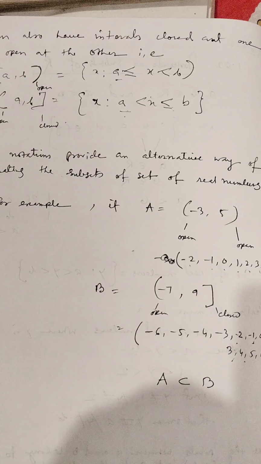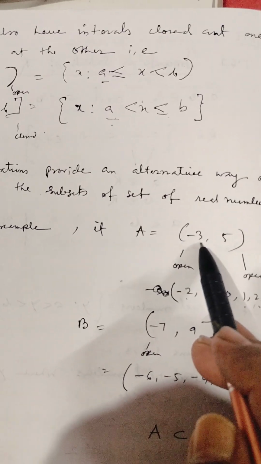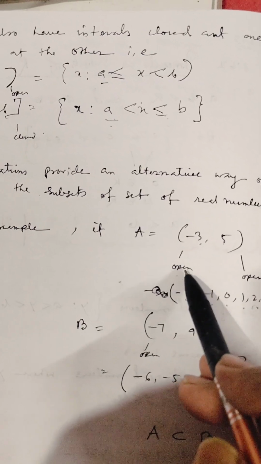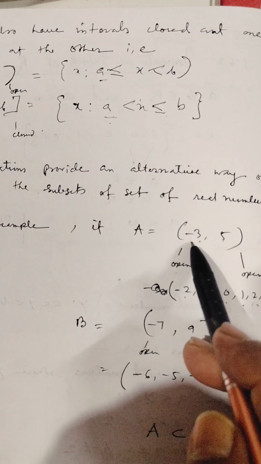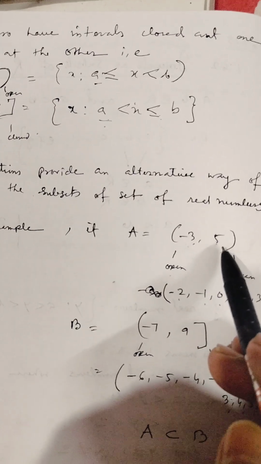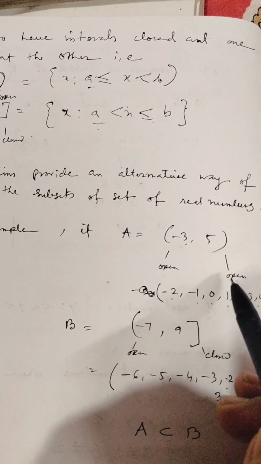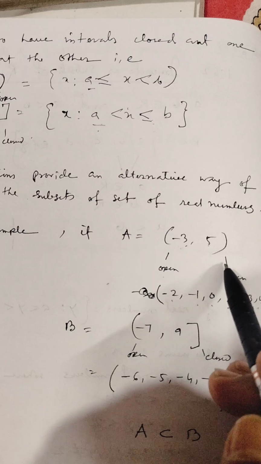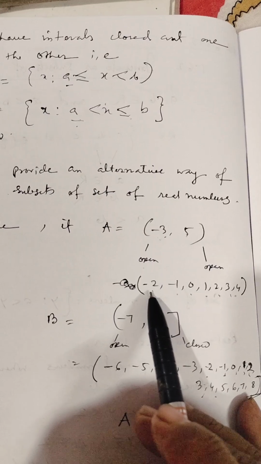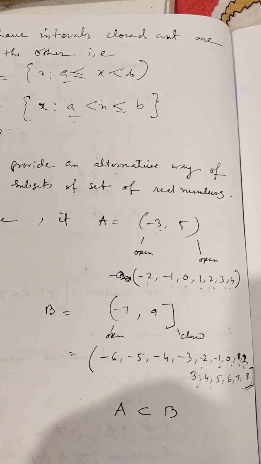For example, if A is (-3, 5), the bracket means open, not including -3, and 5 is open, excluding. So the elements are -2, -1, 0, 1, 2, 3, 4. Clear?